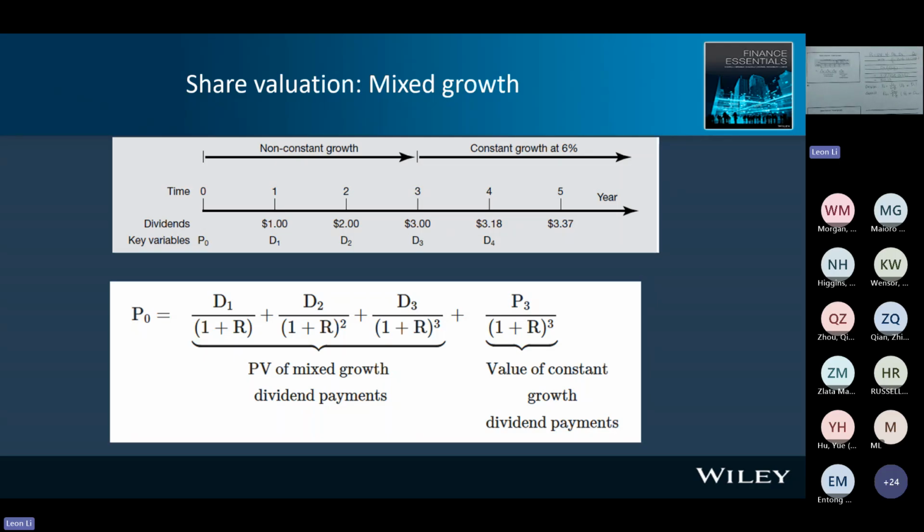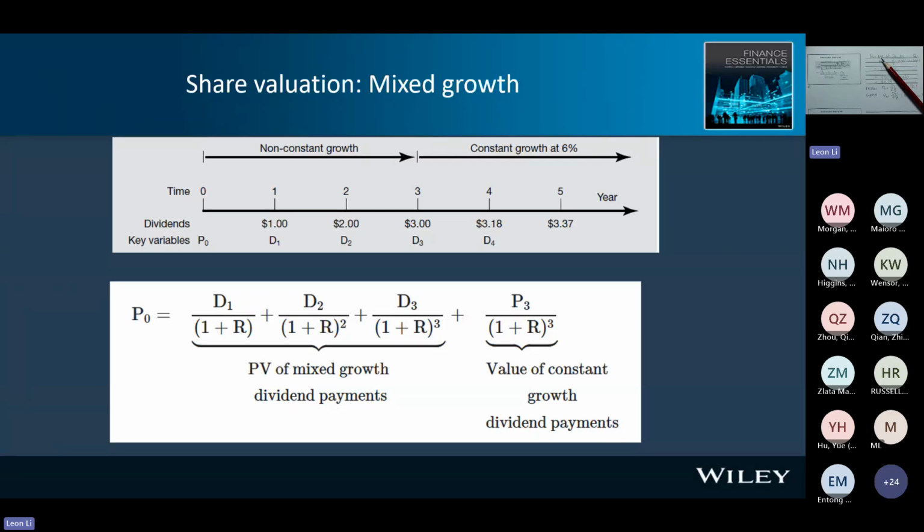Let me show you my handwritten note here. The point is, first, we need to determine P3, because after year 3, the dividend growth rate is a constant, 6%. So we can use our DGM model to calculate P3.